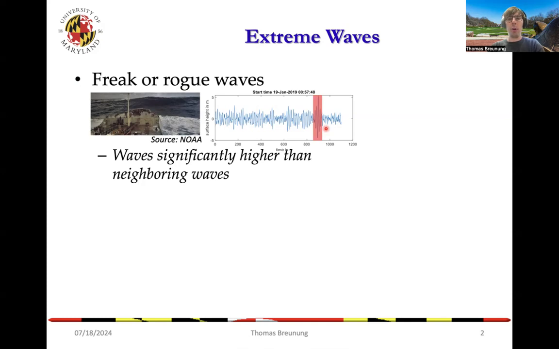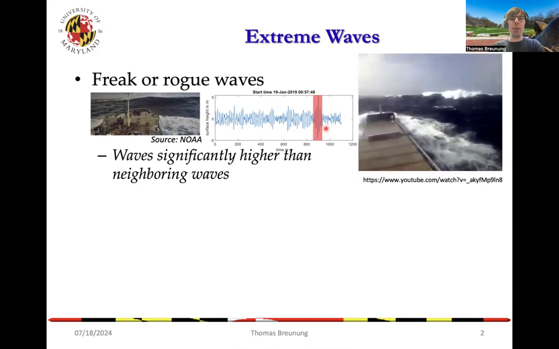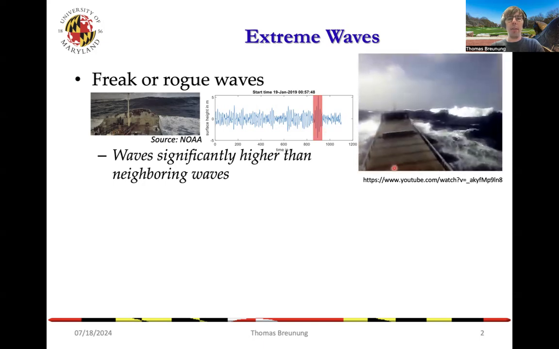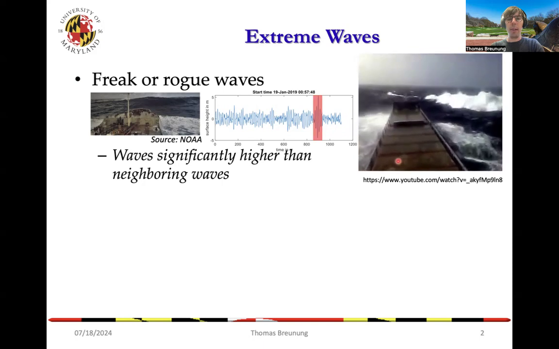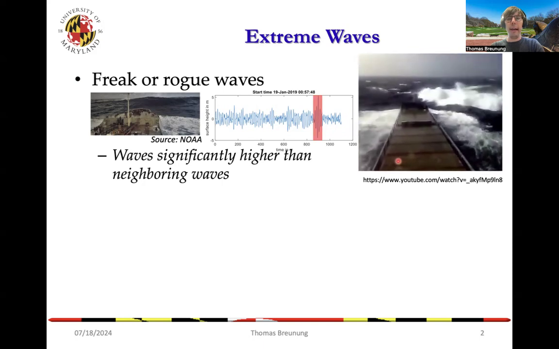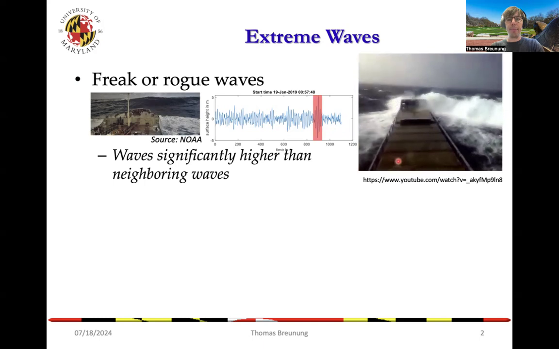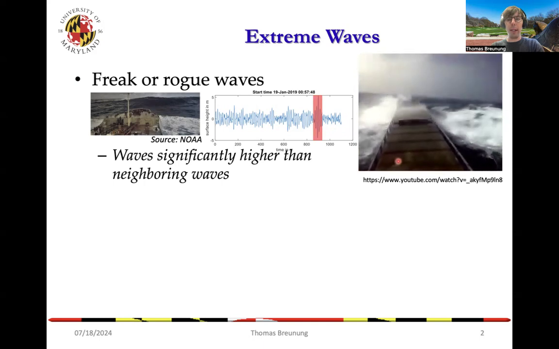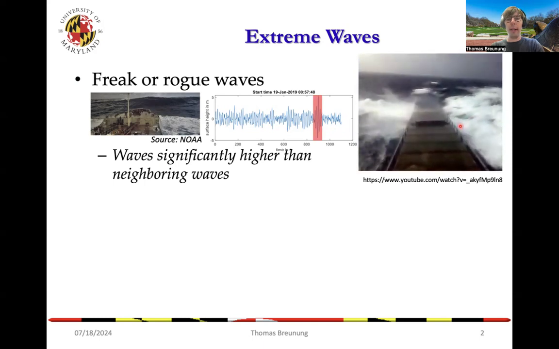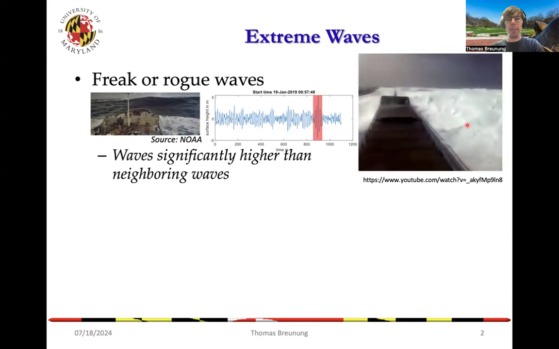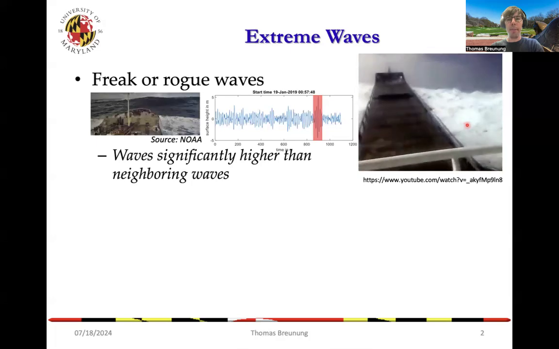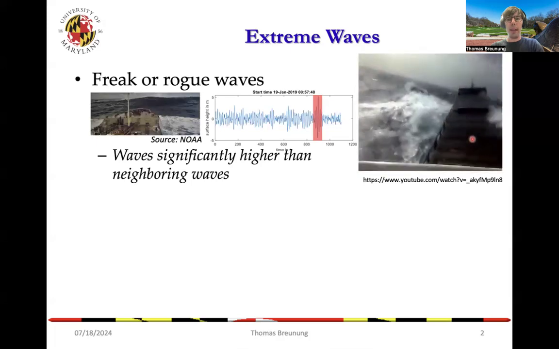Just to give you a bit more of a graphical impression, here's a video of a freight ship in the ocean, traveling through some heavy sea, but nothing out of the ordinary. And now, after this wave, we can see on the right-hand side that a large wave builds up, encountering the ship, and now it hits the ship.